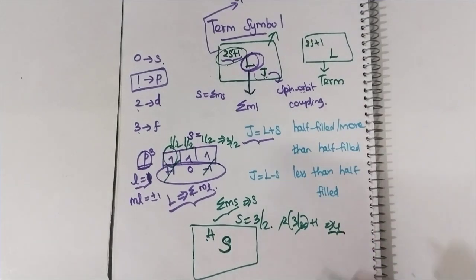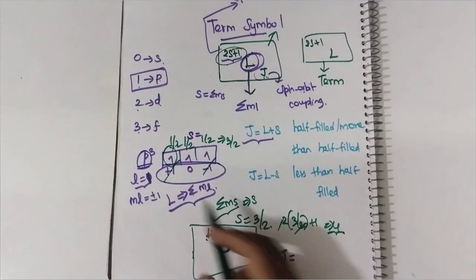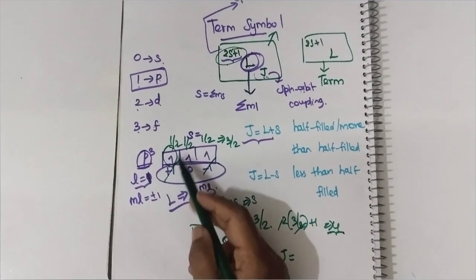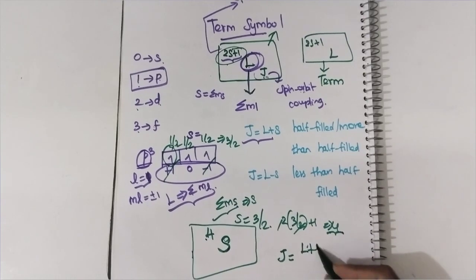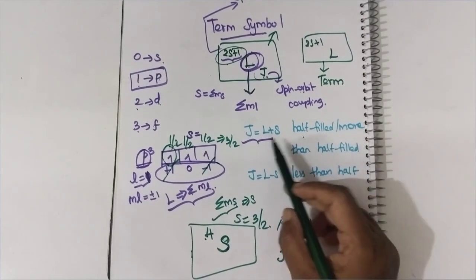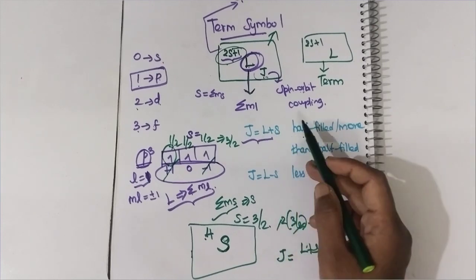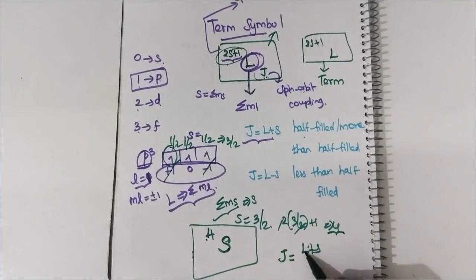Now we have to find out J. Here it is half filled, all have one electron. So L plus S, because for half filled and more than half filled you should add these two values for spin orbit coupling. Hence L value is 0 and S value is 3 by 2, so you will get 3 by 2. This is how you have to find out the term symbol.